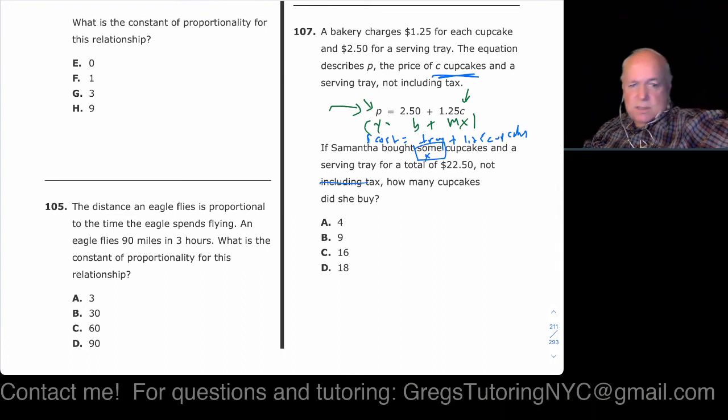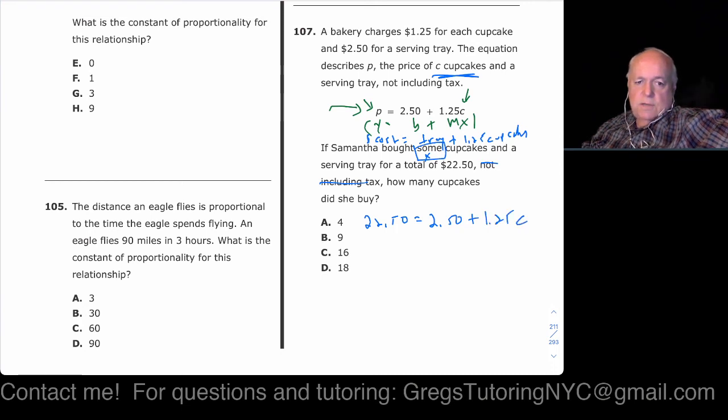How many cupcakes did she buy? We have $22.50. Using the equation, the total cost is equal to the cost of the tray, $2.50, plus $1.25 times the number of cupcakes. It's just that simple.